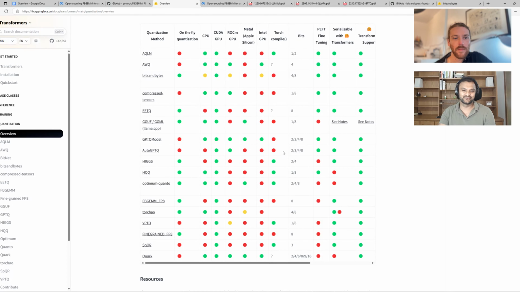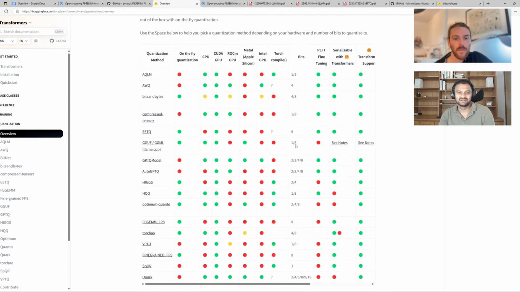There are only a few that could do this at the time when I looked at it, and that also runs across a variety of hardware. Some of them might run on CPU or GPU, but might not run on Apple. They haven't implemented this, but this one seems to have most of the greens.